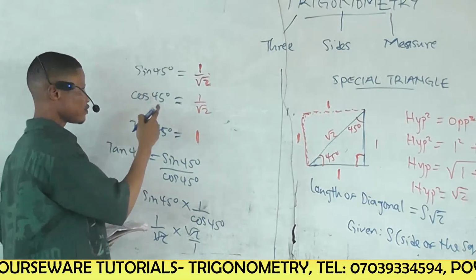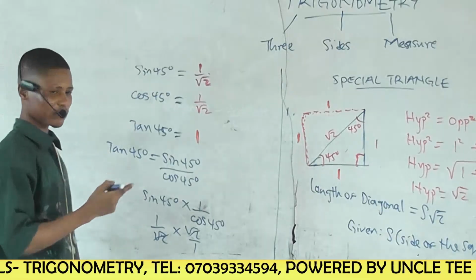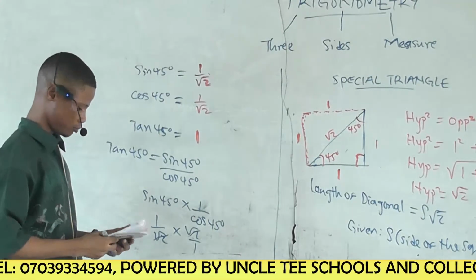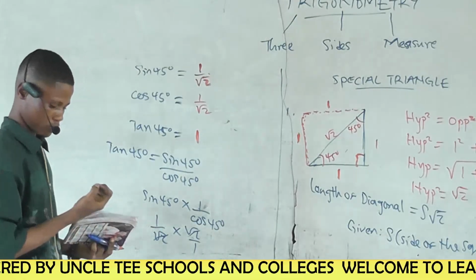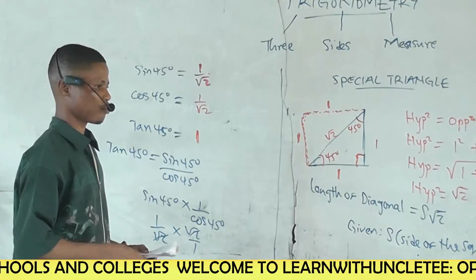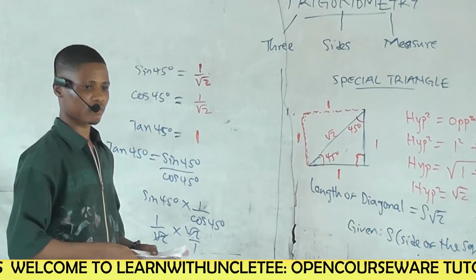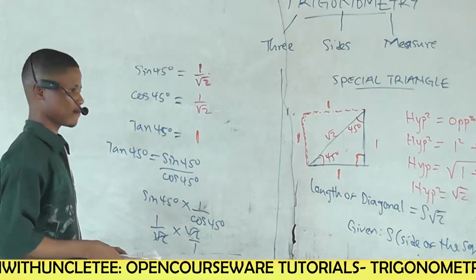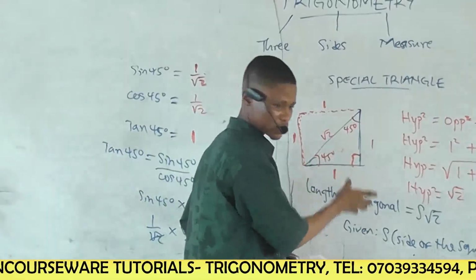So sine 45 degrees is 1 over root 2, cos 45 degrees is 1 over root 2, tan 45 degree is 1. You are done with this, right? This part.